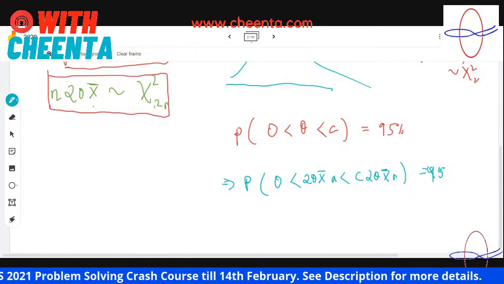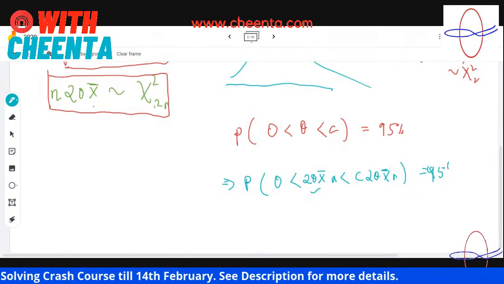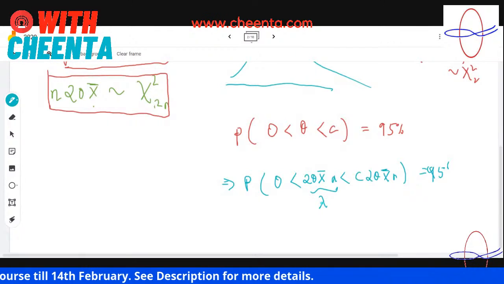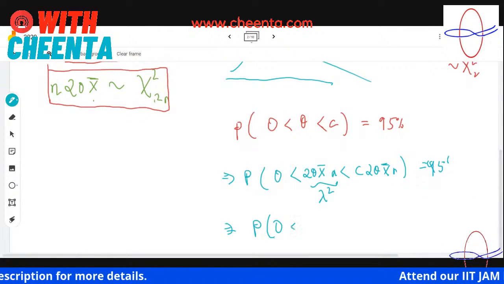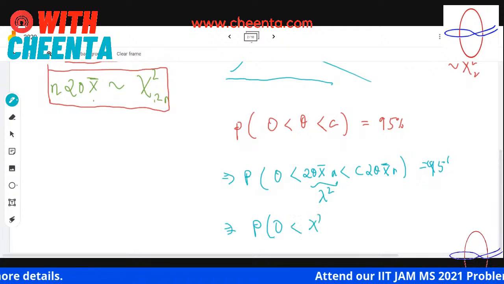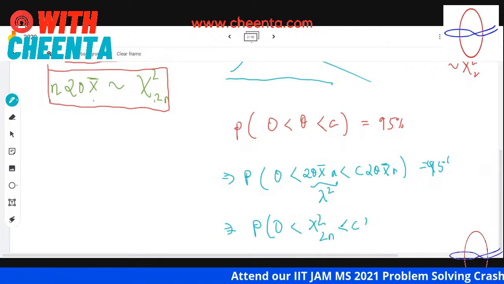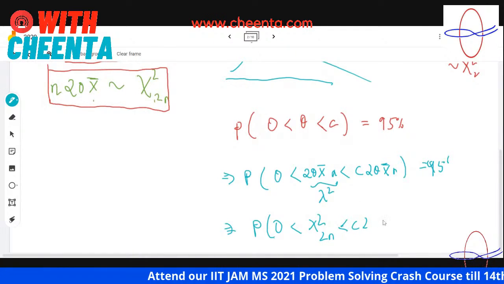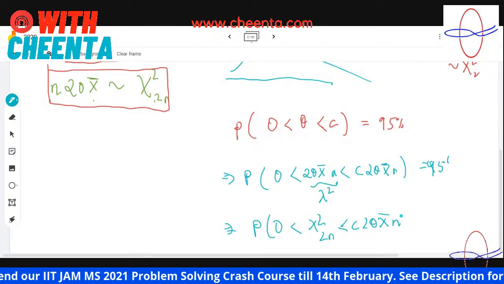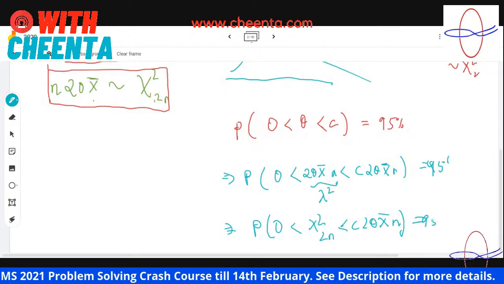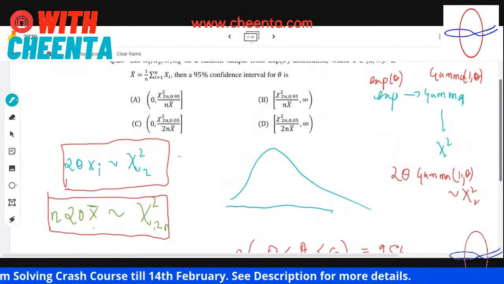Well, you know this follows chi-square twice n. Same as the probability that 0 is less than chi-square less than this C, twice theta times n, is equal to 95%. And you know what this is?